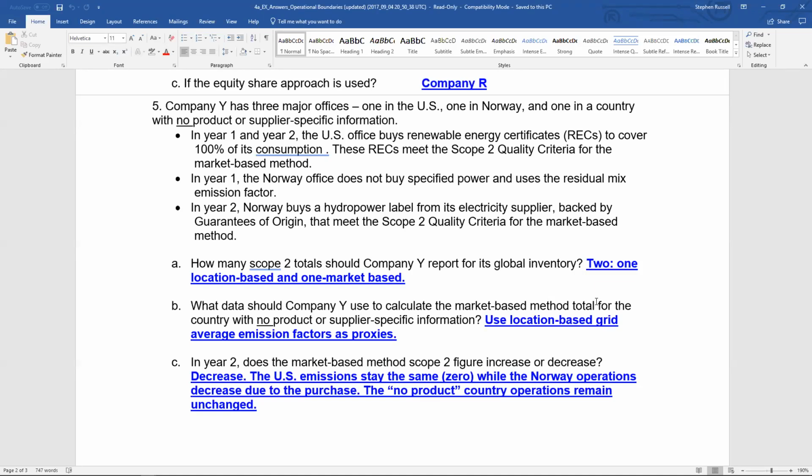So just to recap, the company has to report emissions under the market-based total. And to do so for the country that offers no differentiated products, it would use the grid average emission factor. And so for that country alone, the emissions reported under the market-based total would be the same as those reported under the location-based total.